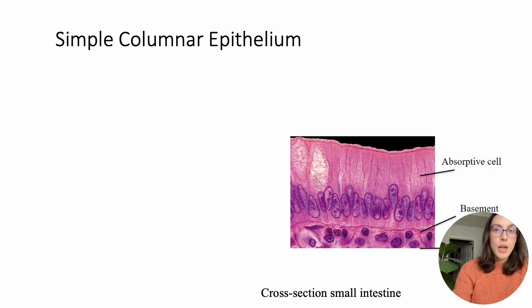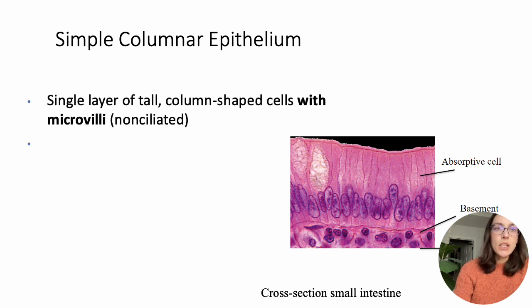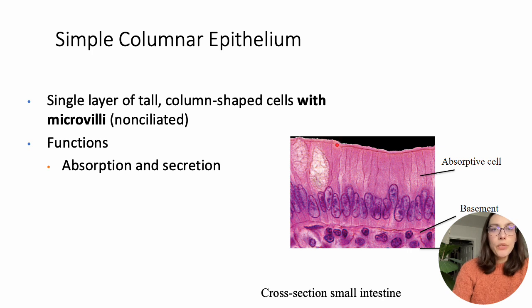Simple columnar epithelium is just a single layer of tall column-shaped cells. They will often have microvilli in order to increase the surface area of the cells. So notice here in this image how there is the basement membrane that they're all attached to, and then this is the apical surface.